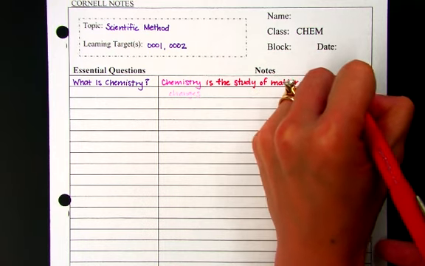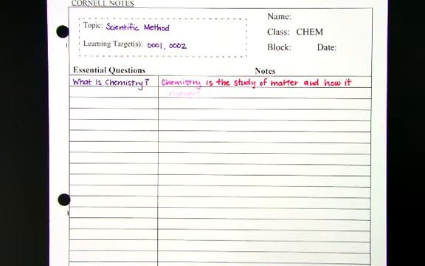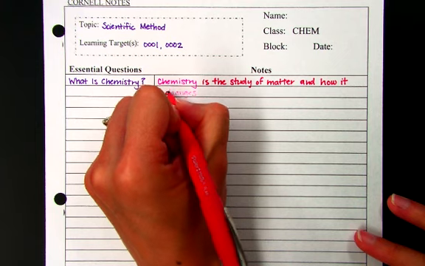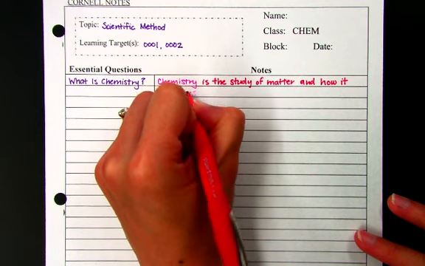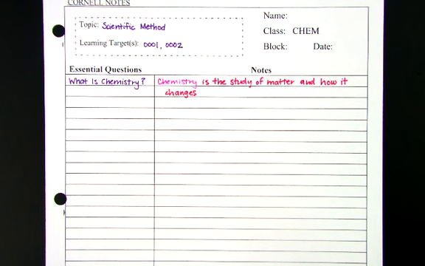We're going to go beyond the microscopic level, to the nano level, which is 10 to the negative 9. And we're going to see how matter behaves, what it's made of, and then how it changes in chemical reactions when you do certain things to it.